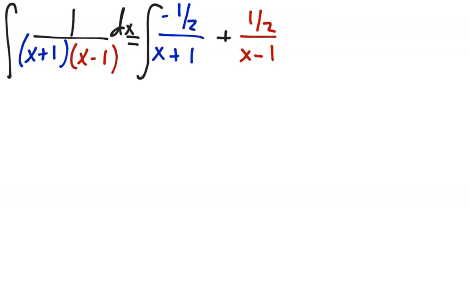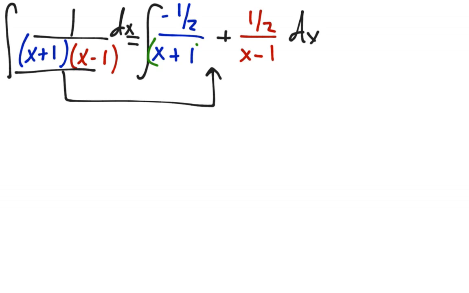Because we were able to decompose the original fraction into two separate fractions, notice that instead of an x squared on the bottom, we just have x to the first. We have a linear term. And if you remember from an earlier chapter, these are going to be natural log integrals because you have a linear term on the bottom.